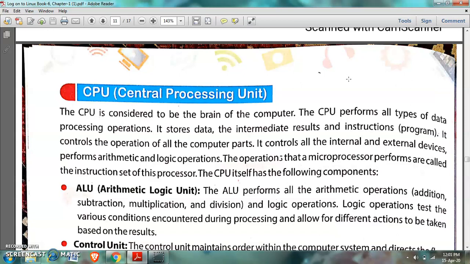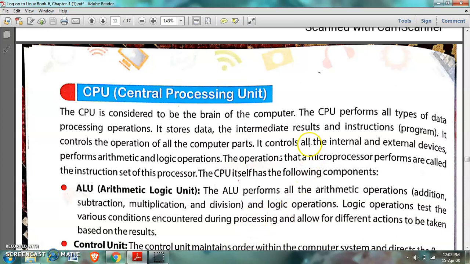Similarly, a CPU also plays a role like the brain of the computer. CPU performs all types of data processing operations. It stores data, intermediate results and instructions. It controls the operation of all computer parts. So a very important role is played by the CPU for getting results from the computer.